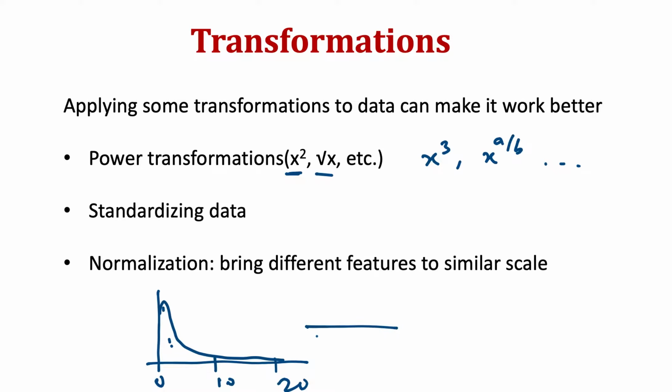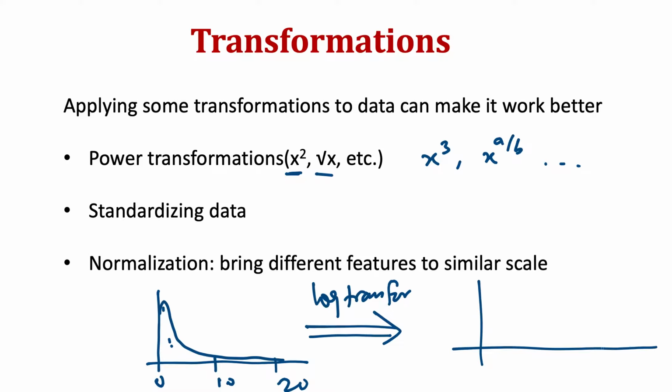So we can do some log transform on this and distribute it somewhat uniformly on that new scale. So it may be 0.1, 1, 10. This looks much better than our original data. So we have changed the scale of that original data and that looks much better distributed.